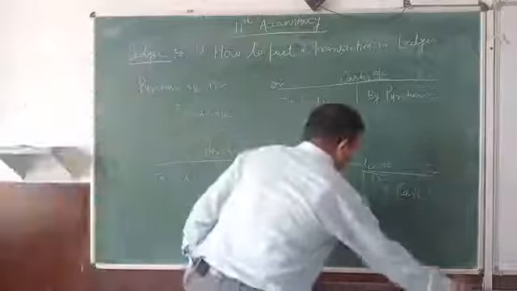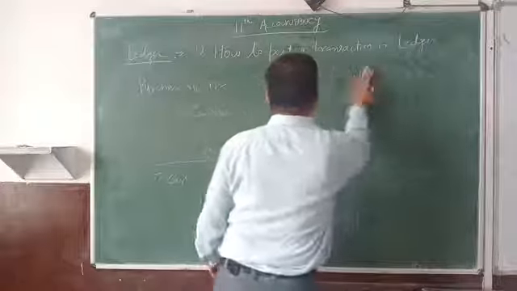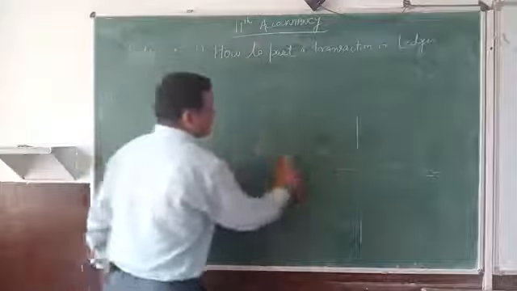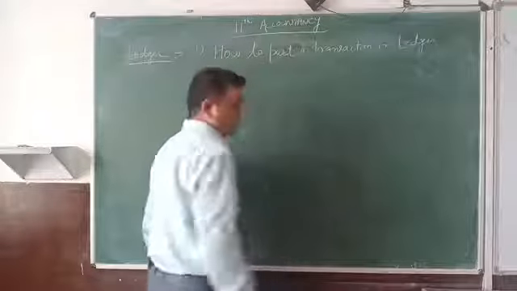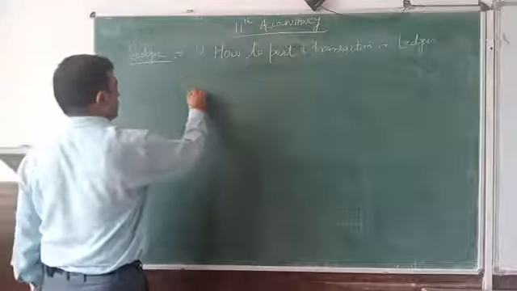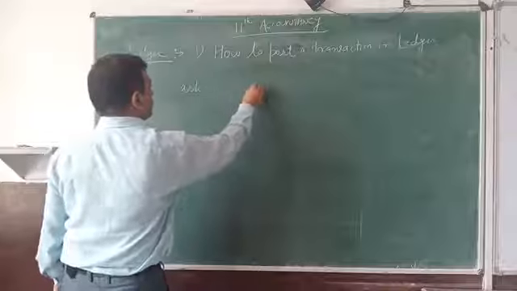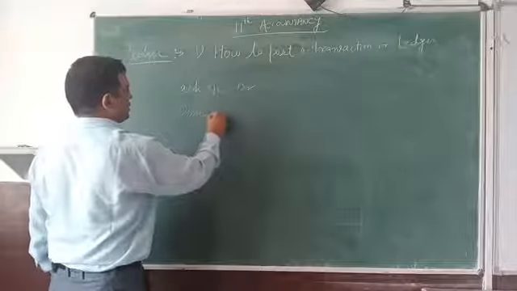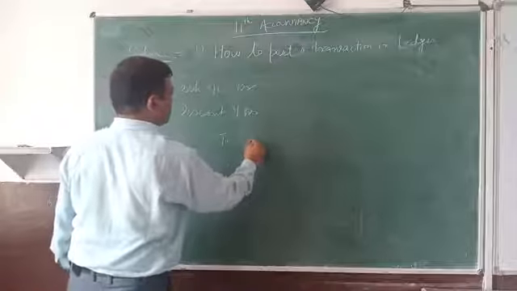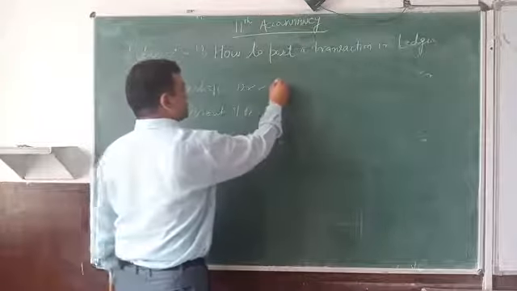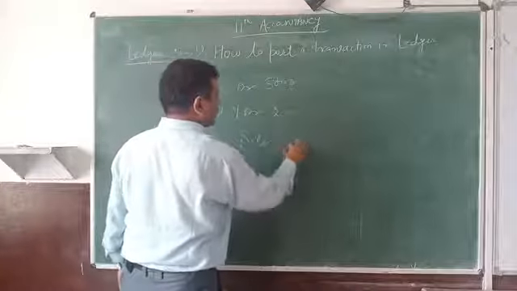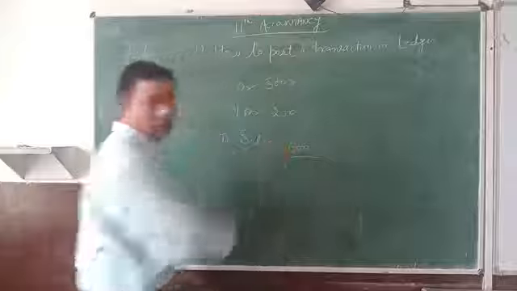Now let me tell you about a transaction where three accounts may be involved. That entry is called a compound entry. For example, cash account debited, discount account debited, to sales. Suppose the amounts are 5,800, 200 and 6,000.